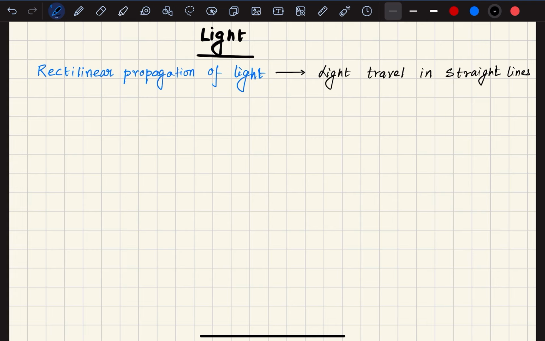When light travels in a straight line, there are certain phenomena that happen. In that, basically we study two phenomena. One is reflection of light. Another is refraction of light.